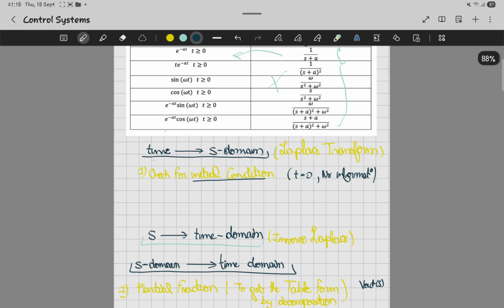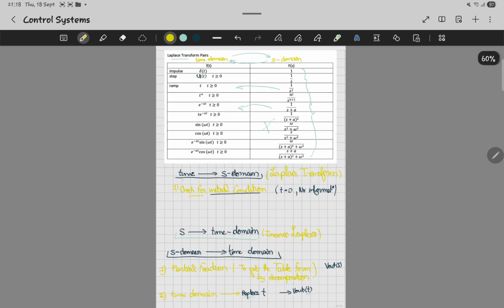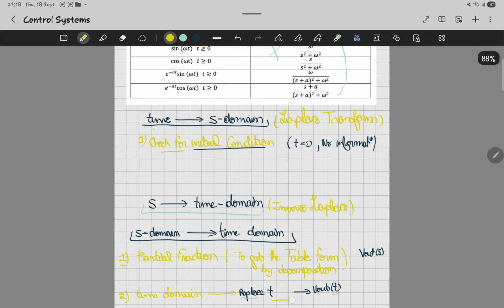It's actually not in this section, but I wanted you to emphasize this. I'll give an example later of when we have an initial condition, and when we have to replace the value of t in an equation after converting it into time domain using Laplace.